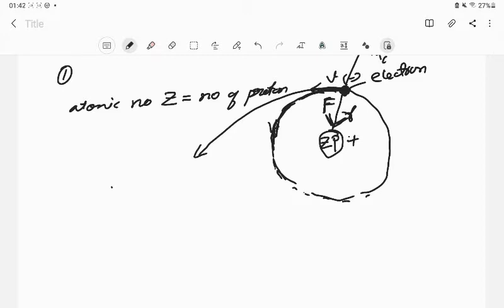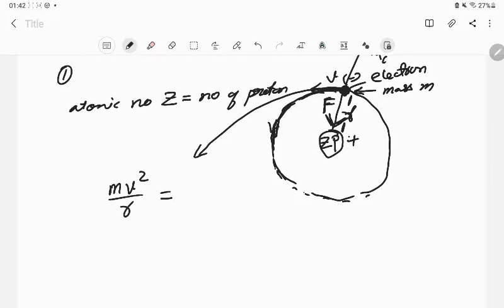So centripetal force you have studied in class 11, right? So that centripetal force formula is mv square by r. This is the radius, m is the mass of electron, velocity is v.